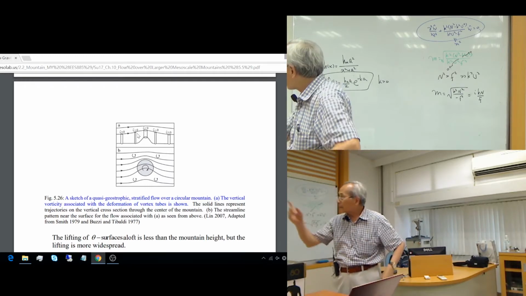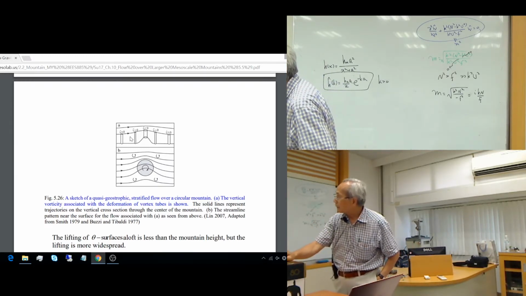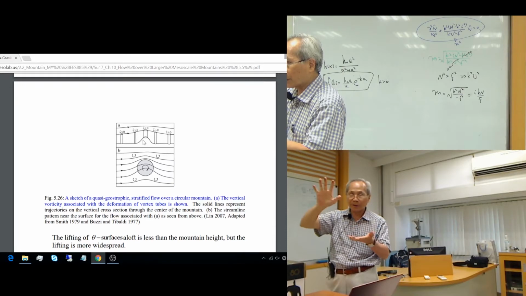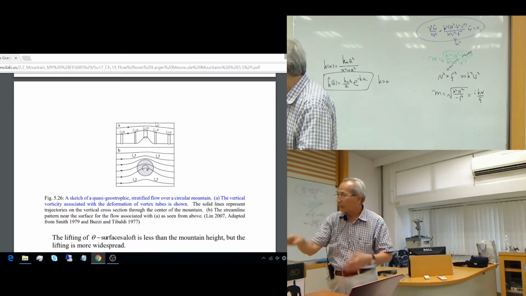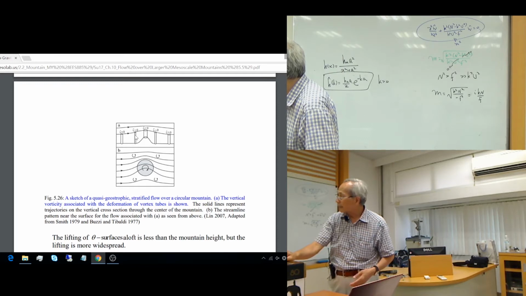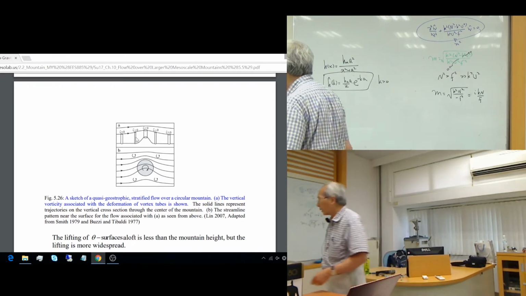Sometimes students ask questions: is that true? Because over the mountain you get column shrinking, no problem. Everybody knows that and agrees to it, and you have the air current coming in. How come you have a slight increase of the air column? You don't believe it.